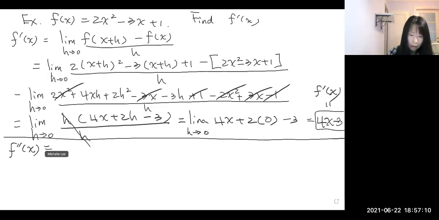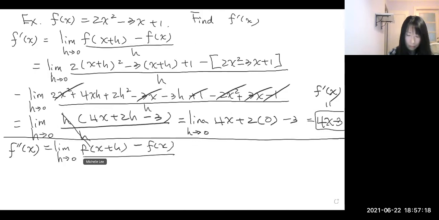We do it again. Then we substitute x plus h into the f prime of x function, right?